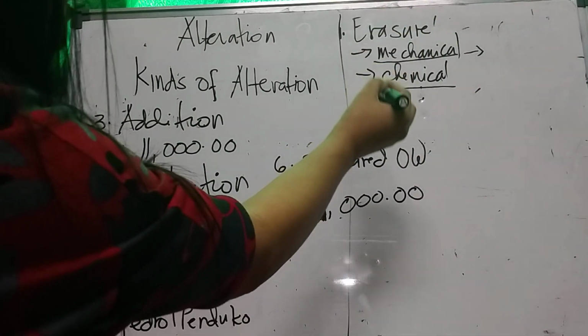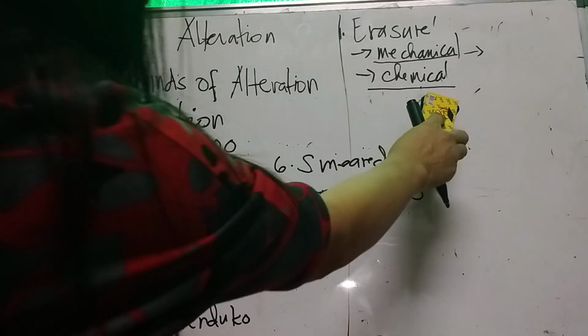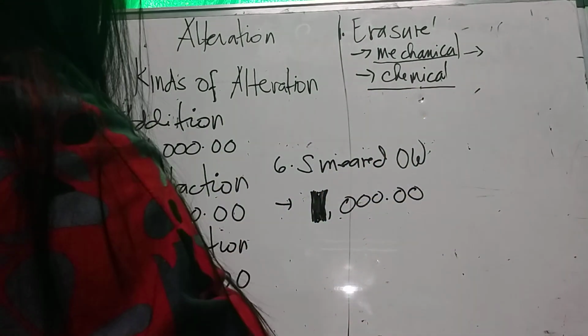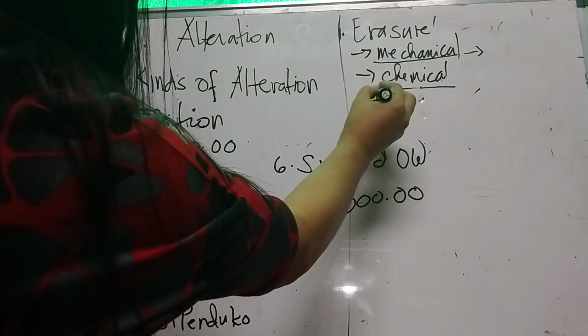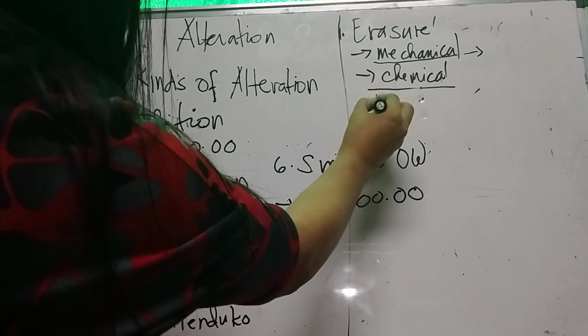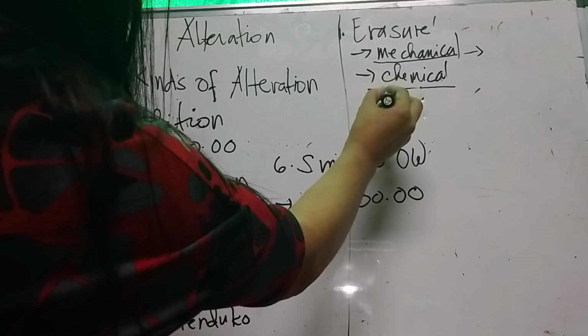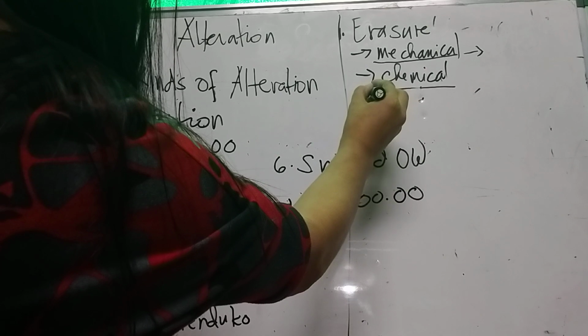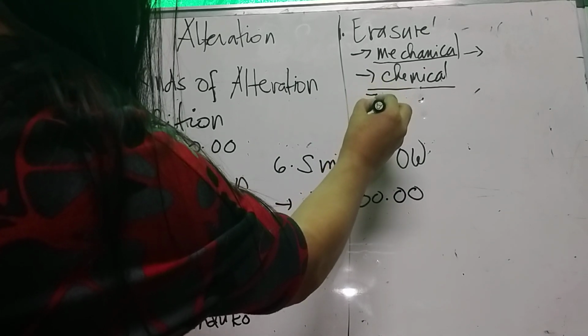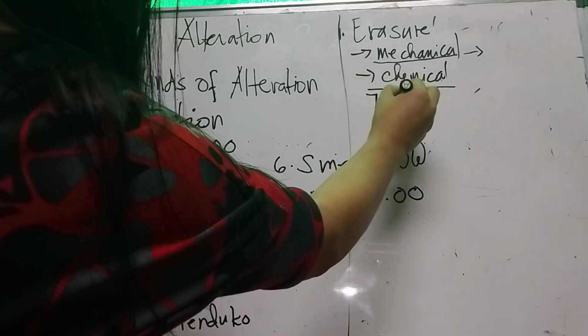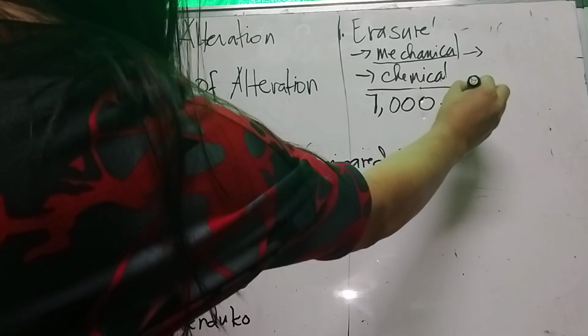So, I will make another example for us to understand it easily. Example natin, if the original number is 7,000 pesos.